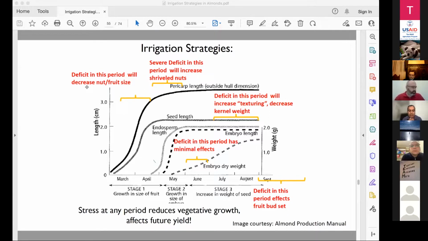Anything above $1.5 is profit. So that's a really broad way of explaining it.